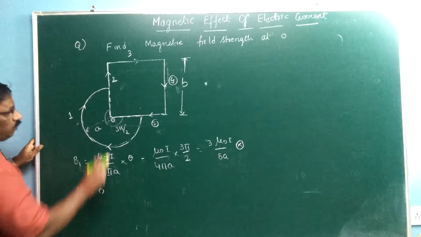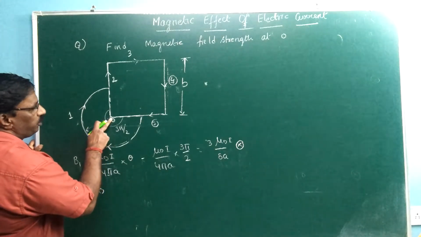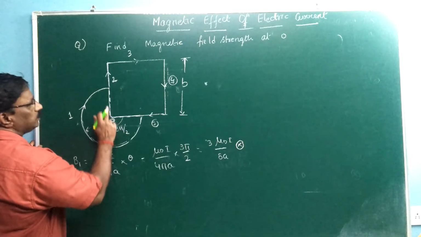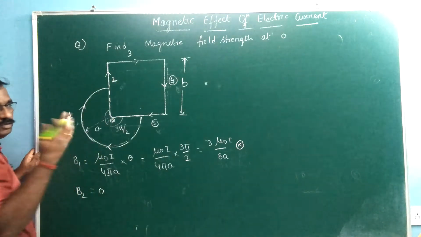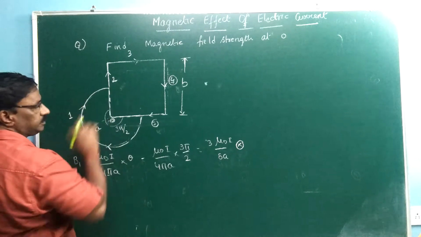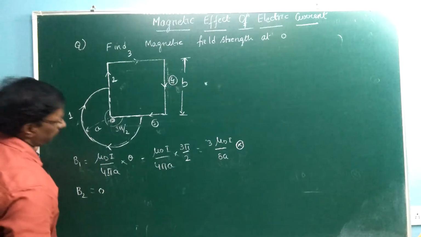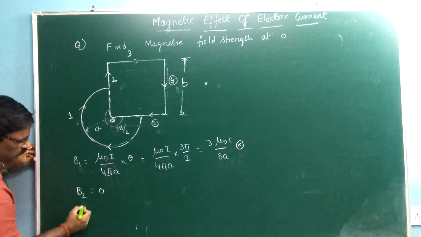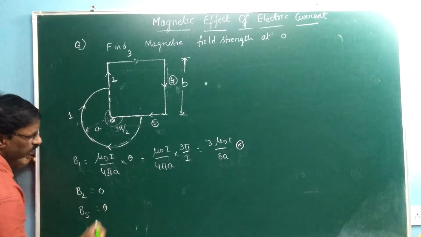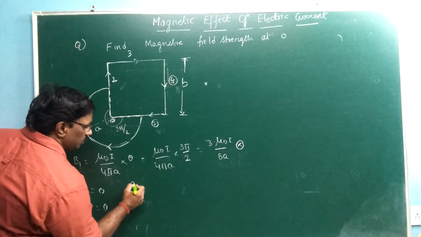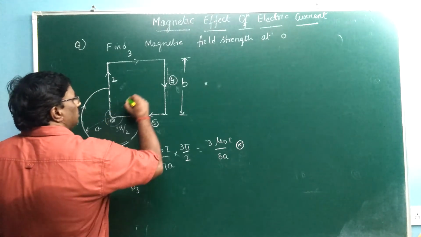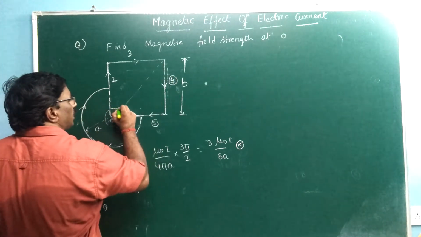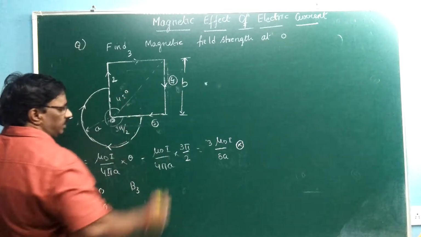Because the point O which you require is along the conductor, no use, because the field will be like this. And even B5 is also 0, no need to calculate. Coming to B3, this is a finite wire, so if you draw like this, this angle becomes 45 degrees.